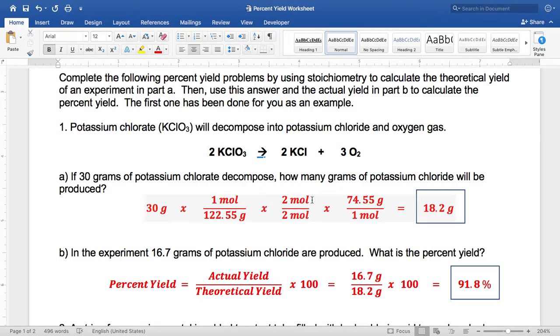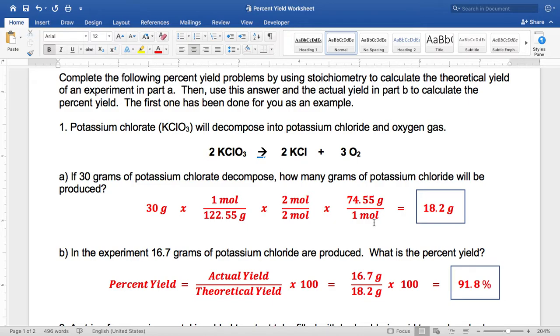Whatever you are looking for goes on top. We're looking for potassium chloride, so we put the 2 moles on top and 2 moles on the bottom. Now it says how many grams, so we need to convert to grams. We use the molar mass of potassium chloride. In our final step, we put that on top, 74.55, K plus Cl, all over 1 mole.